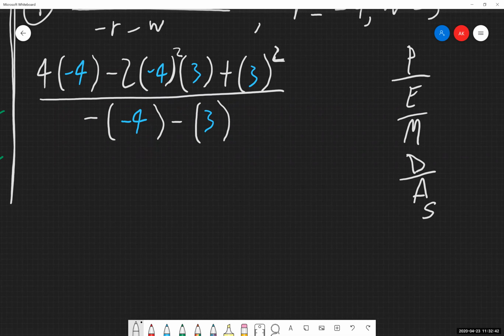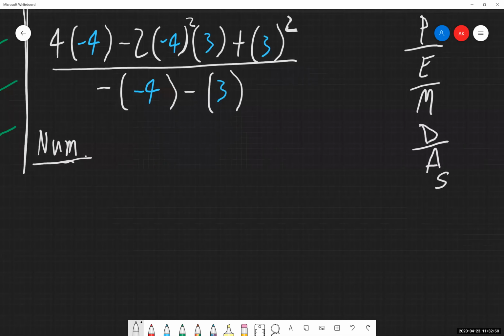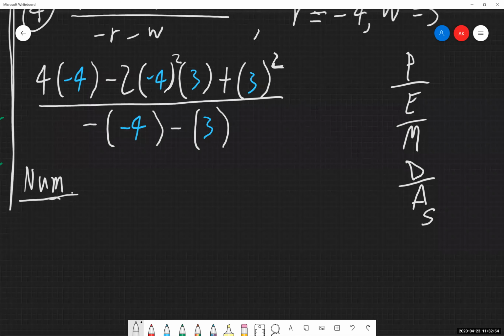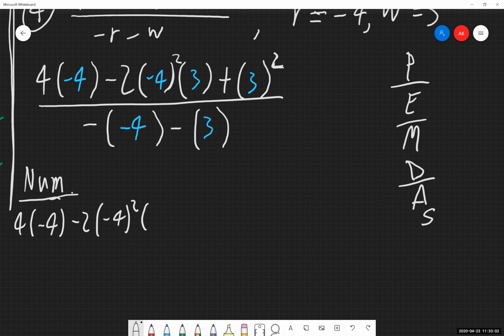I'm going to elect to separate this into the numerator and just work with that first, and then I'll do the denominator and we'll go from there. Just my personal preference on how to organize it. You can use the other method if you'd like to. Nothing wrong with that, just organizational preferences.